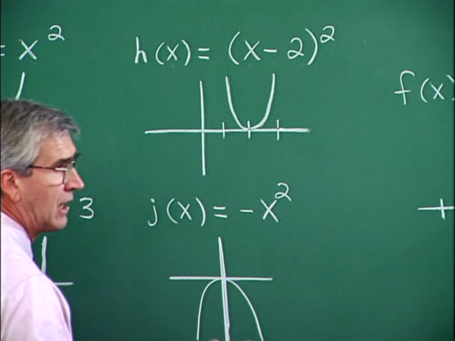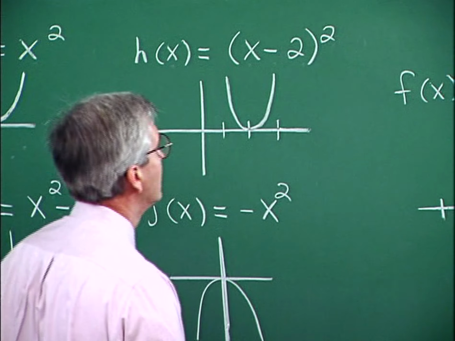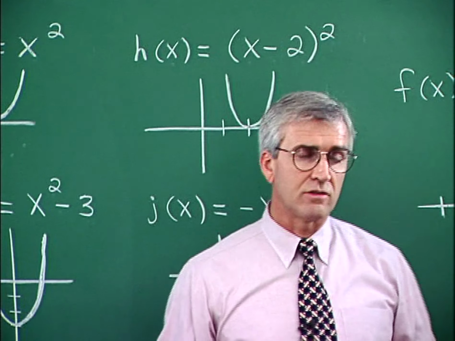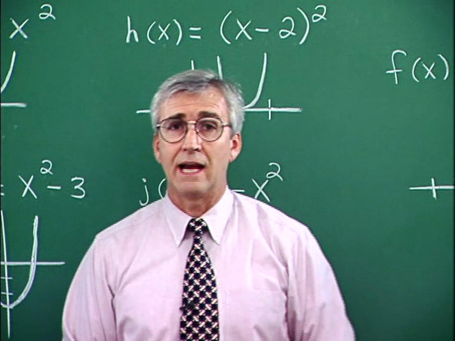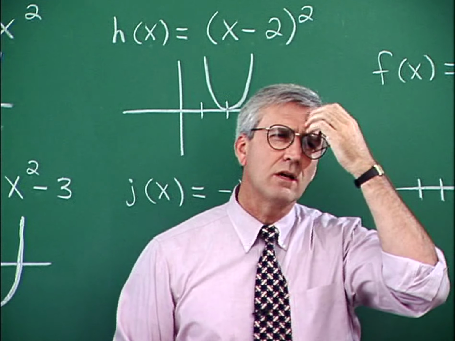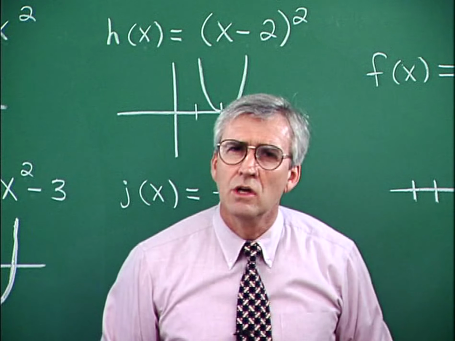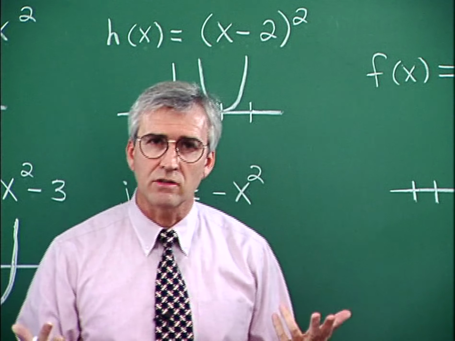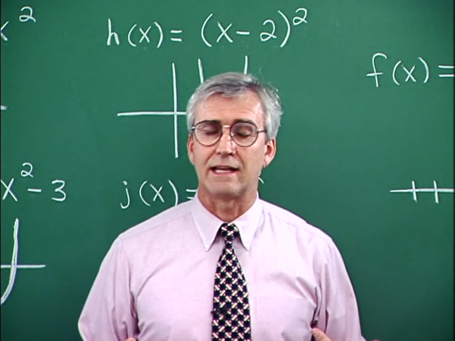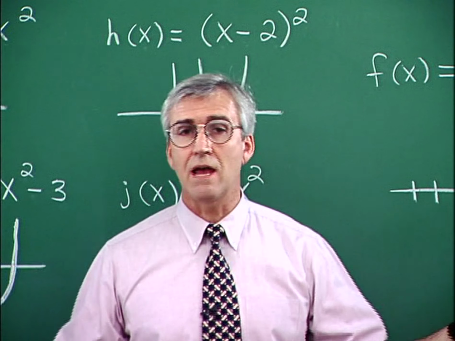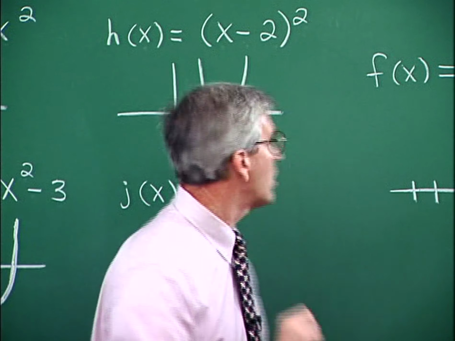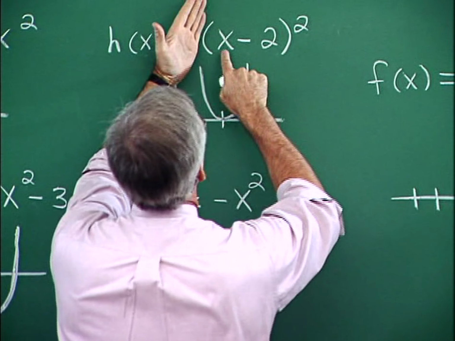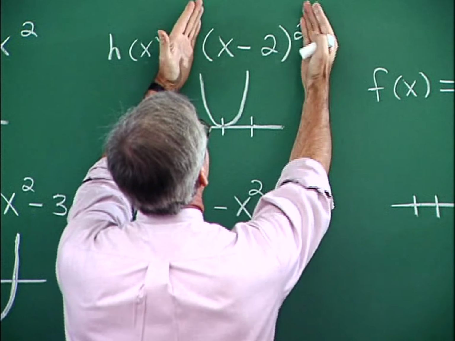And incidentally, this isn't the way you'll remember it, but a way of looking at it is to say, well, we know what squaring all real numbers will do. Squaring all real numbers is just a parabolic curve that opens up and whose vertex is at the origin. That's the behavior of squaring all real numbers. But here, we're going to take all these real numbers and subtract 2 before we square.